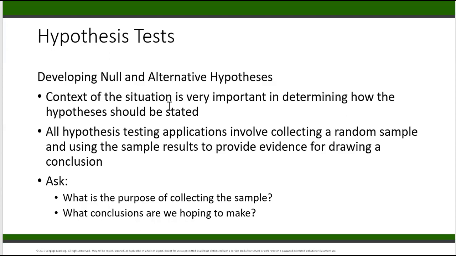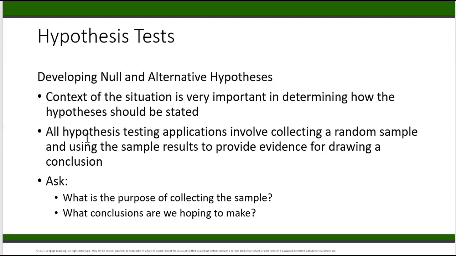So you should really know what it is that you're trying to conclude at the end. This can be a very tricky and complicated process, developing null and alternative, and most of the time it requires experience.